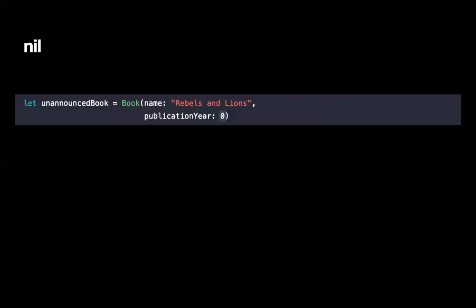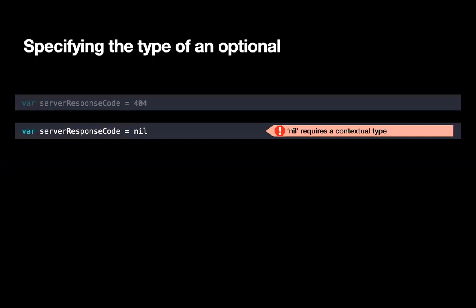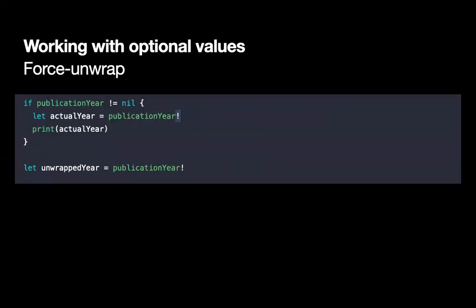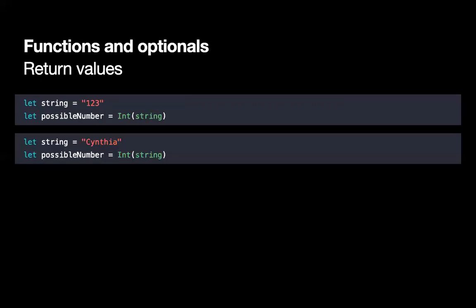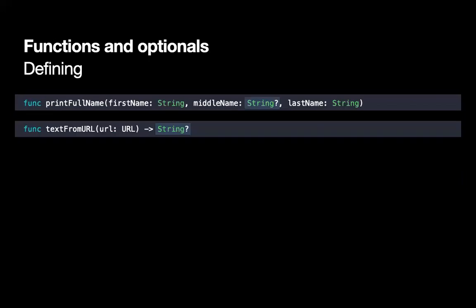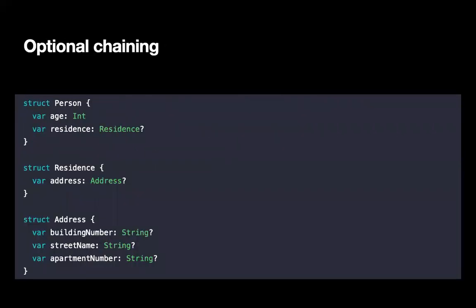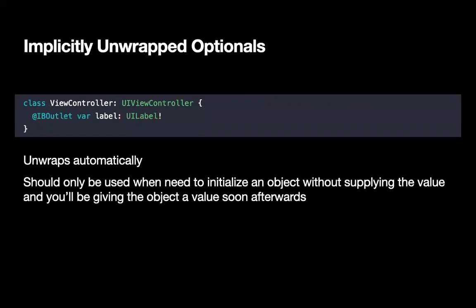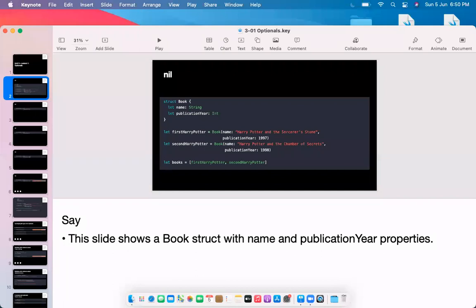With the example, we have studied how to use optionals, then how to specify the type of optionals, how to unwrap the optional's value by using force unwrap, by using optional binding, whether it may be the if-let or the guard-let syntax, then functions and optionals with return values, then failable initializers, then optional chaining, and finally implicitly unwrapped optionals.